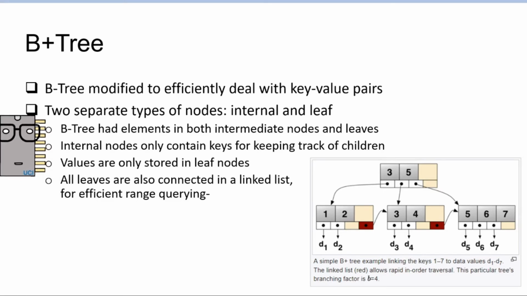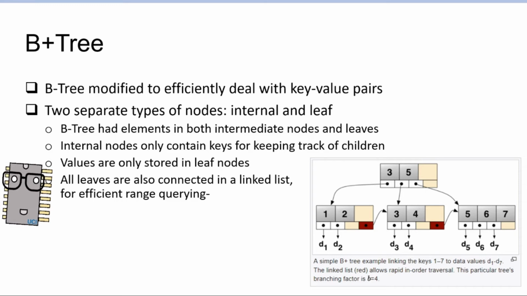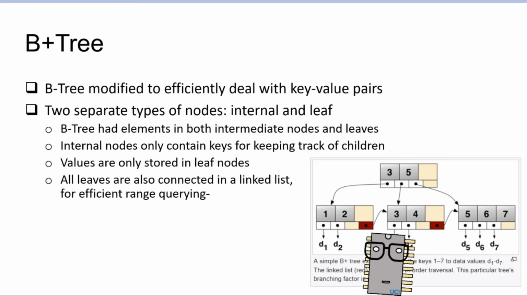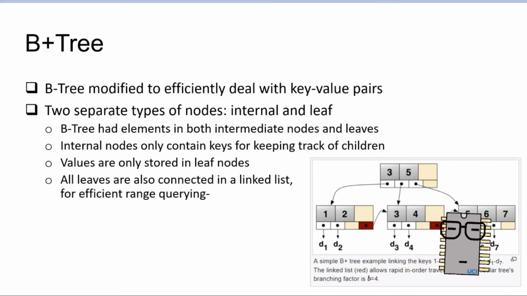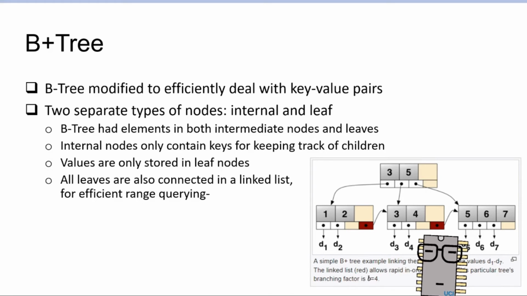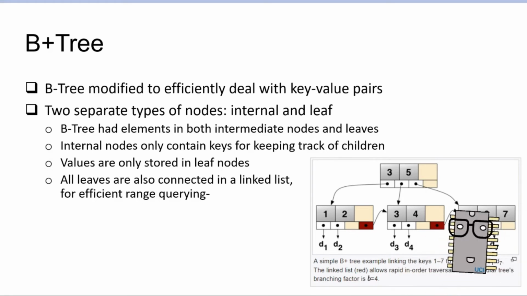All these elements existed in both intermediate nodes and leaves. But for B plus trees, internal nodes only contain keys for keeping track of the children, and values are only stored in the leaf nodes. And all the leaves in the bottommost layer are also connected to each other, one after another, in a linked list. So here's a pointer in the red box pointing to the next leaf. Here's a pointer in the red box pointing to the next leaf, and so on.